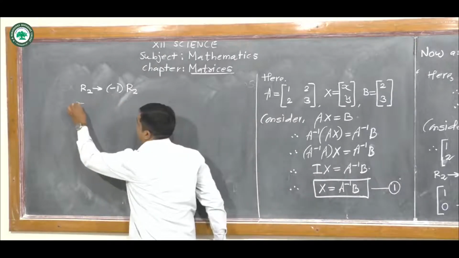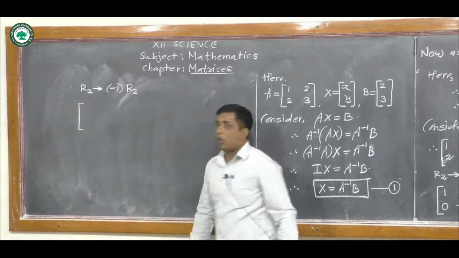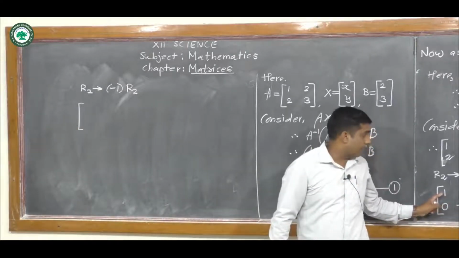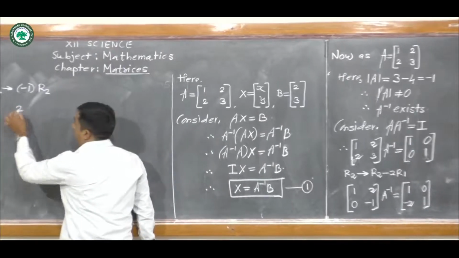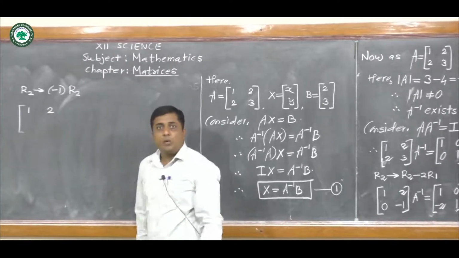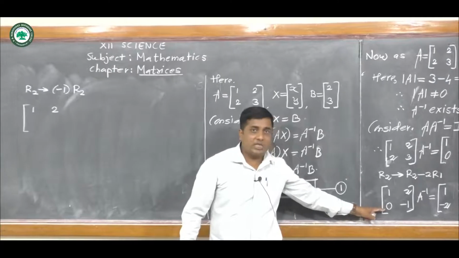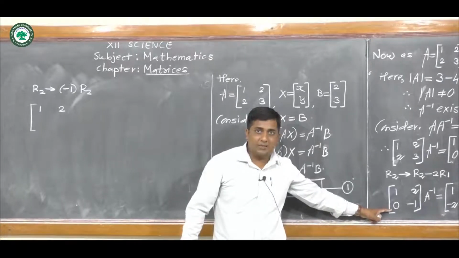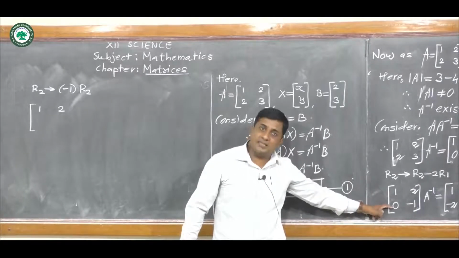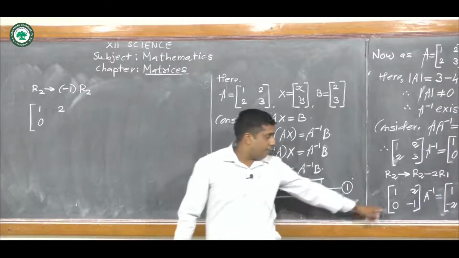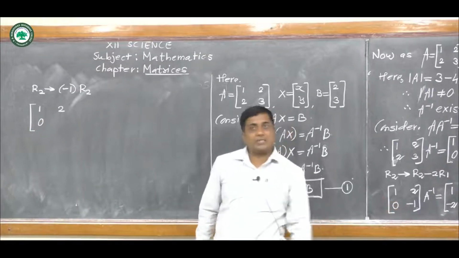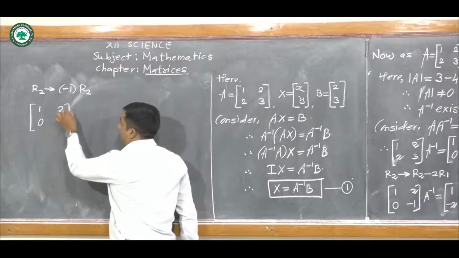So in the next step, we keep first row as it is. In the first row given 1, 2, so 1, 2 as it is. Then we multiply each element of the second row by minus 1. We know 0 into minus 1 is 0, so here we have 0. Next, minus 1 into minus 1 is 1, so here 1.